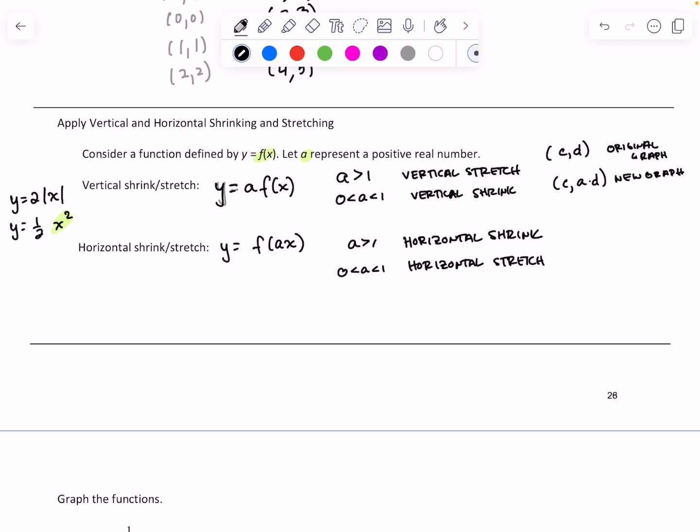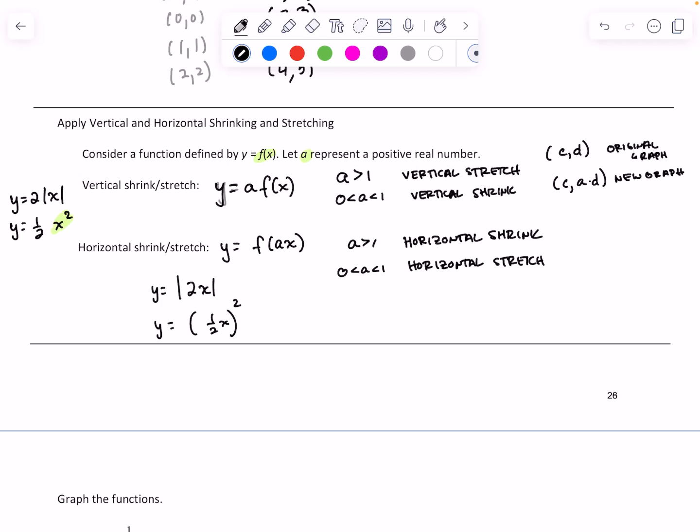So some examples of this would be if we had the absolute value of 2x as our function, or if we took that 1/2 and we included it in our squared. So y equals absolute value of 2x is a horizontal shrink, and y equals 1/2 x, all squared, with the 1/2 getting squared as well, that is a stretch.